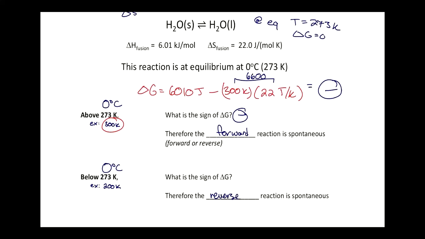Right? But if we take this reaction as is, we see that the delta G ends up being a positive number, all right? That means that the forward direction is not spontaneous, but the reverse direction is spontaneous at this temperature. We can check it for ourselves.